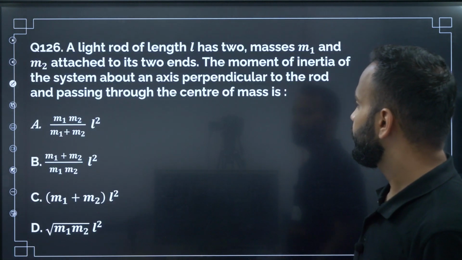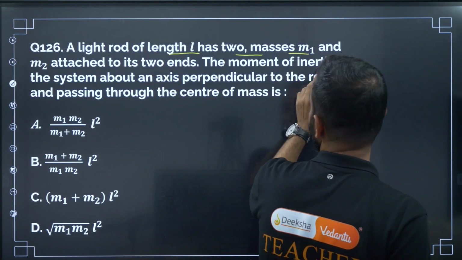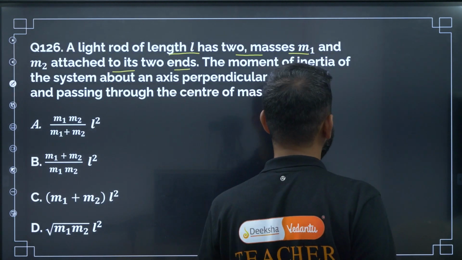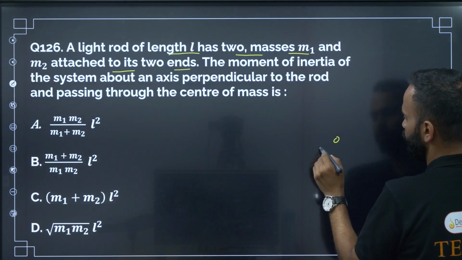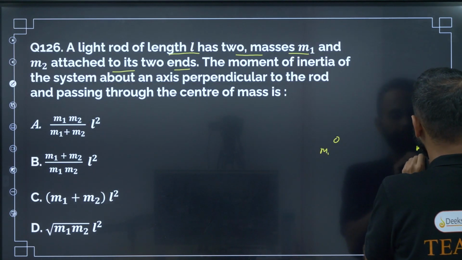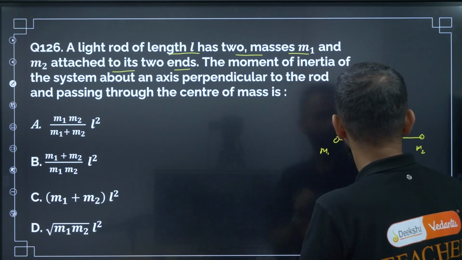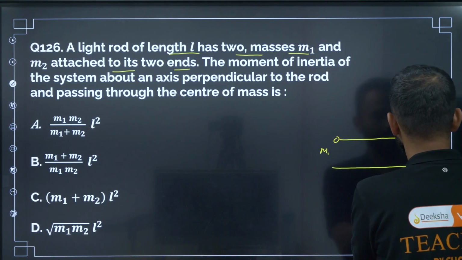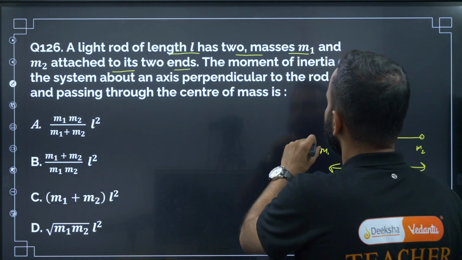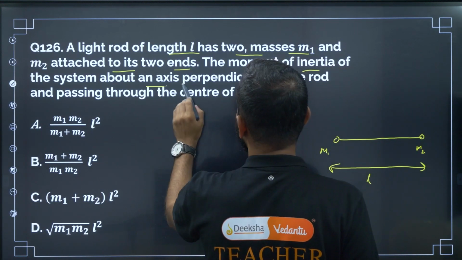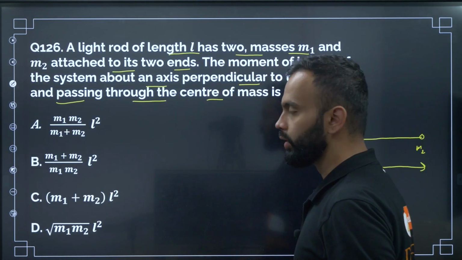Next question, 126. A light rod of length L has two masses m1 and m2 attached to its two ends. Let us draw the diagram. Here two masses m1 and m2 are attached by a light rod of length L. The moment of inertia of the system about an axis perpendicular to the rod and passing through the center of mass of the rod.